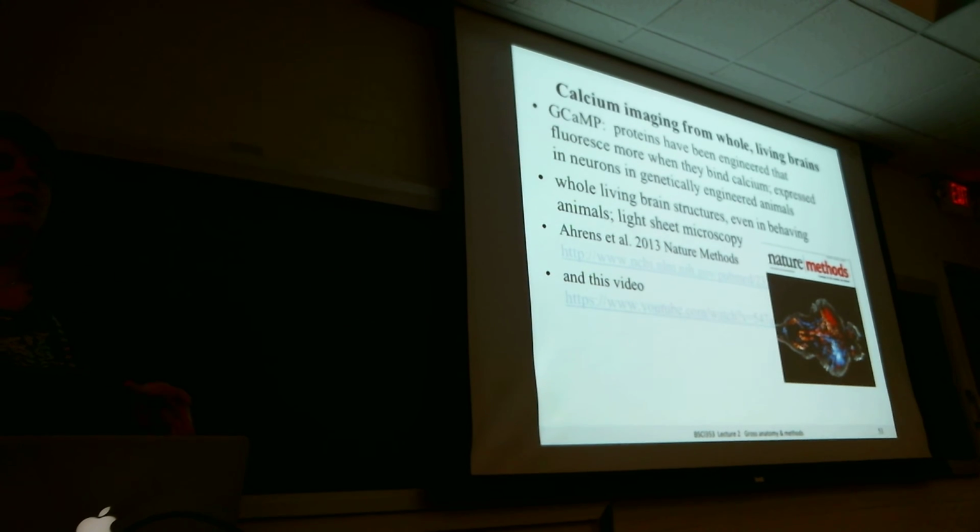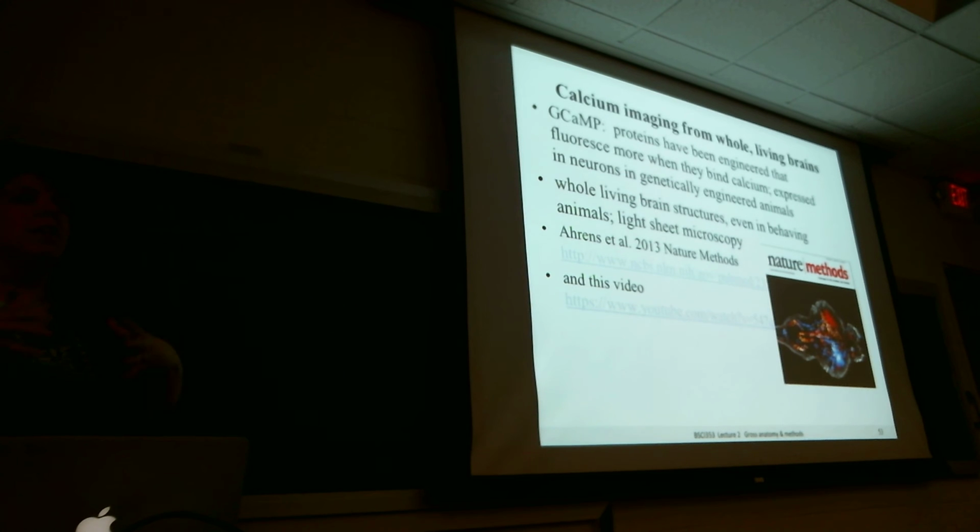So now you can have genetically engineered animals that fluoresce their calcium signals in a very particular way. People are starting to be able to do this in whole animal structures. We've been able to do calcium imaging in live in vivo animals for a while, but now people are starting to use this in animals that are behaving and moving, which is really cool. There's a methods paper and a video that I think we're going to skip in the interest of time.